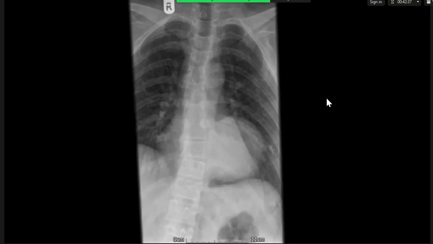It's a rounded opacity, and I can't see the right paraspinal line very well. It might be disrupting the right paraspinal line, which would place this in the posterior mediastinum.